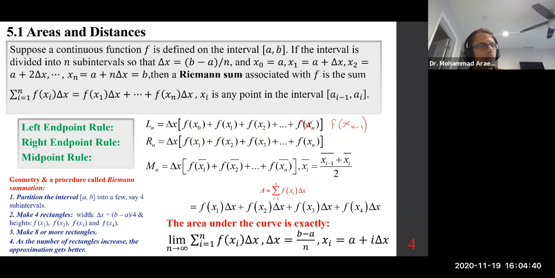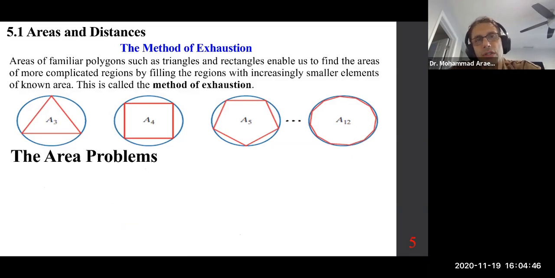So what do we mean by that? Let's make some sense out of this by going over the concept known as the method of exhaustion. In the old days, when they didn't know how to find the area of a circle, they would inscribe it with a polygon, starting with a 3-sided one, a triangular shape, and then they would add sides.